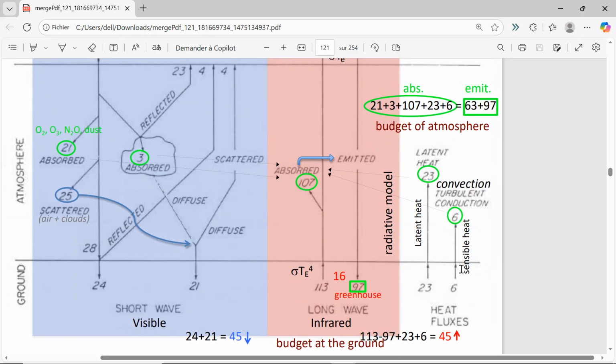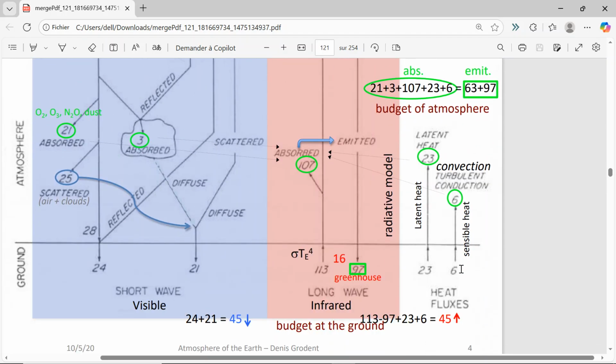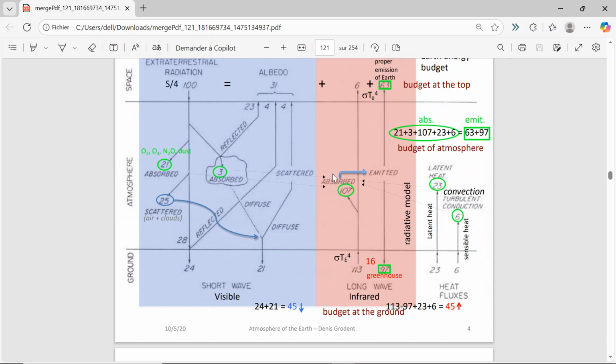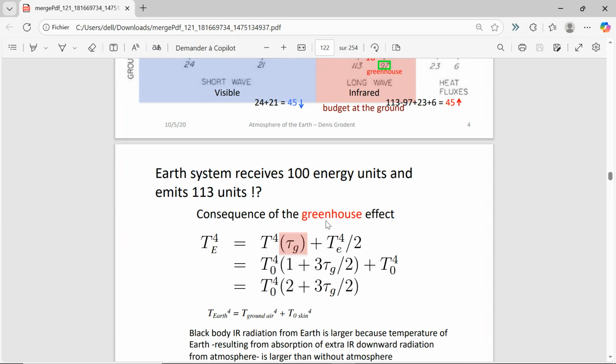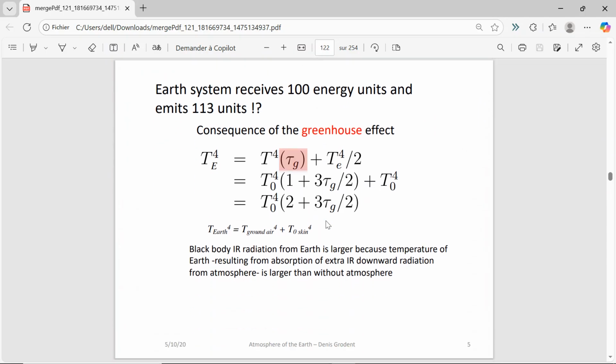So it's an interesting result that we see here: how the units of light, etc., are redistributed, and how the conservation of energy is applied in the atmosphere. Each system receives 100 energy units and emits 113 units. This is a consequence of the greenhouse effect due to the optical depth at the ground.